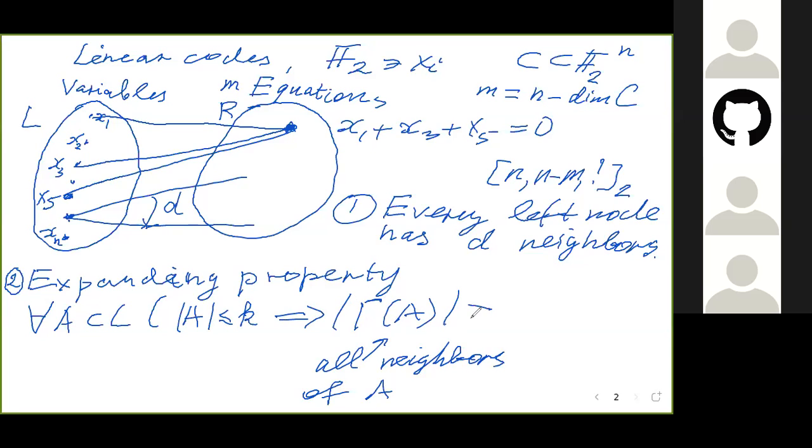More precisely, it's almost close to the maximal possible. The maximal possible number of neighbors is the cardinality of A times d, because each node has d neighbors. The requirement will be that the number of neighbors is at least 1 minus epsilon of that.